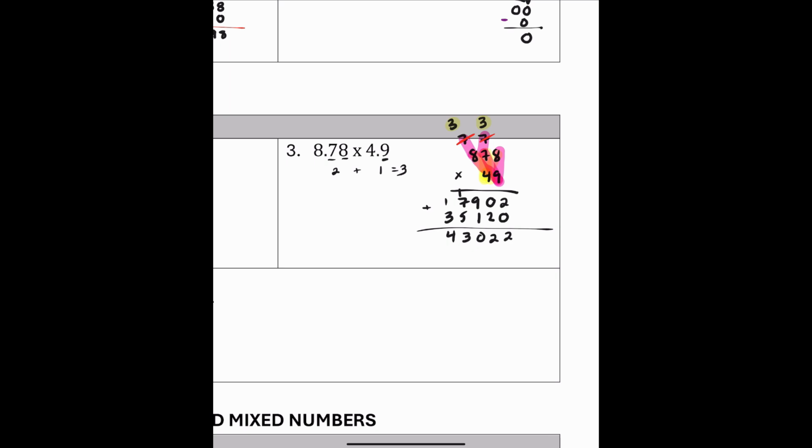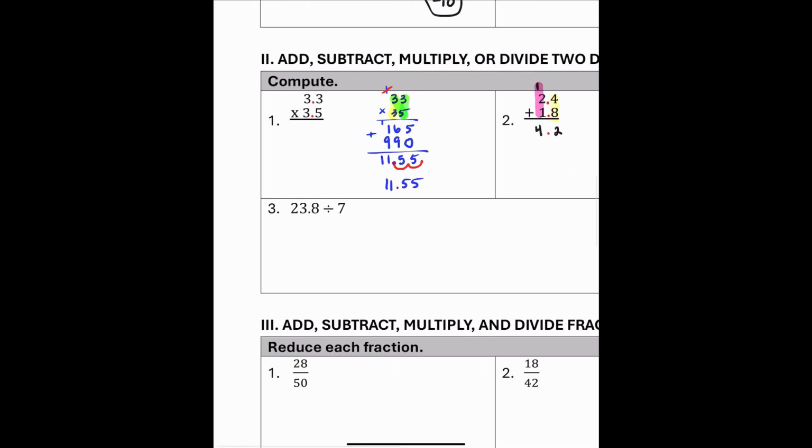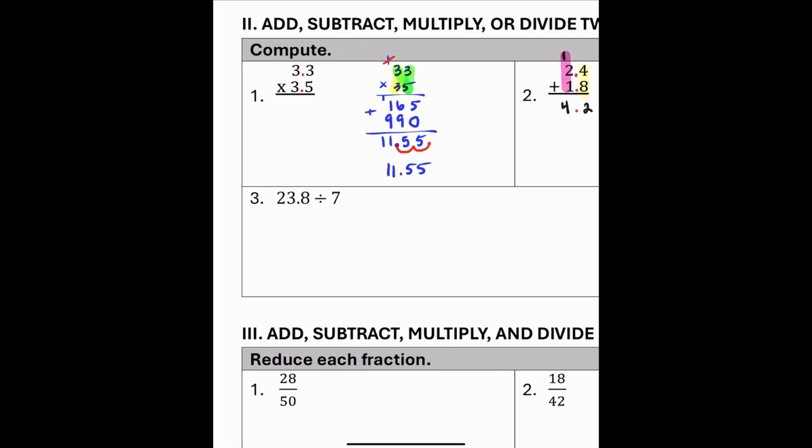Okay, so I'll write a little point here and then move the decimal 3 times. 1, 2, and 3. So our answer is 43.022.